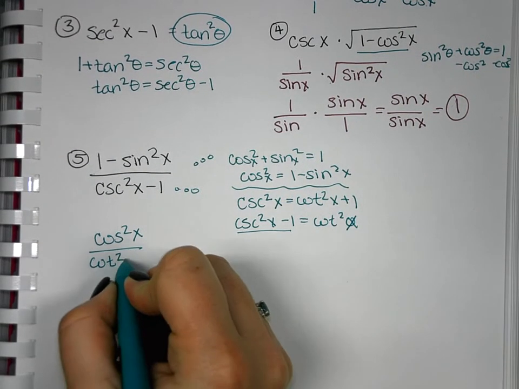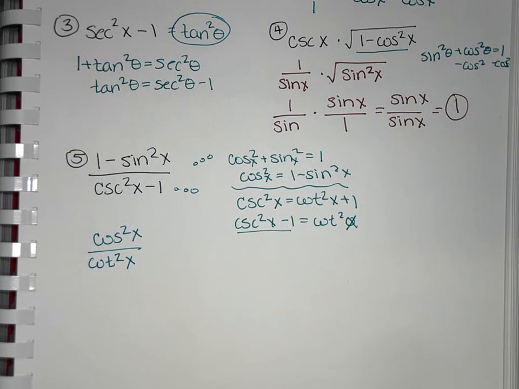So by just looking at the two identities, I can rewrite that fraction as cosine squared over cotangent squared. But we're not quite done because we still want to see, can I get even fewer than two trig functions in my answer?